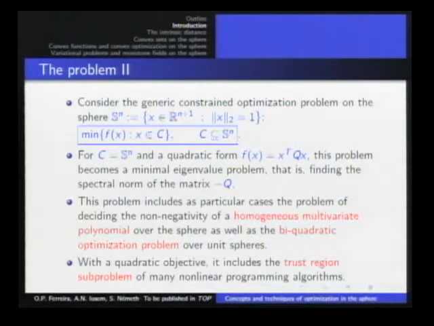With quadratic objectives, it includes the trust-region subproblem of many nonlinear programming algorithms. This is interesting: in many trust-region methods, you at some point have to solve as a subproblem a quadratic problem with quadratic objective over the sphere.